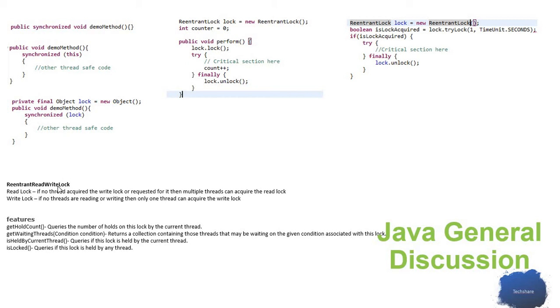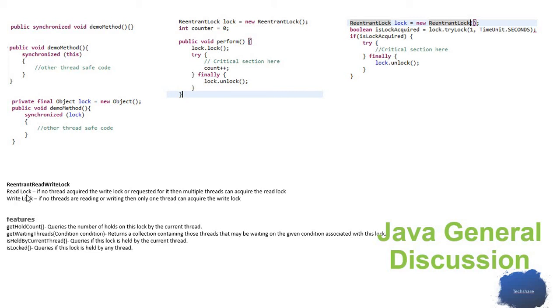What we achieve with this read-write lock is this: with the read lock, it makes sure no thread is currently writing on that particular object, so the write lock is not owned by any thread.